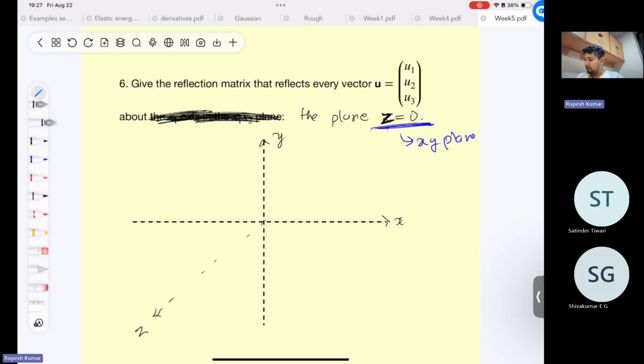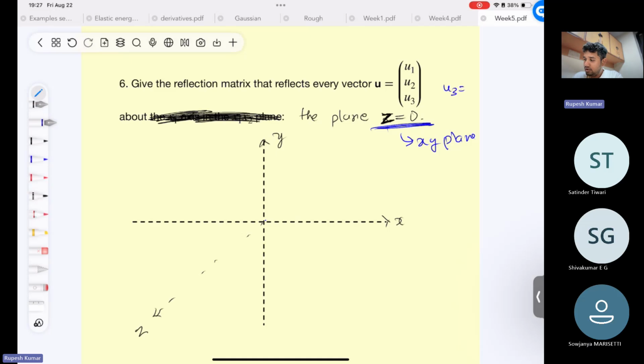There are two cases. Either u3 is 0, that is, the vector u essentially lies in the xy plane. Then the answer will be the same vector. If u3 is 0, you should get the same answer, because if it's in the plane and you want to reflect it about the plane, it's essentially nothing.